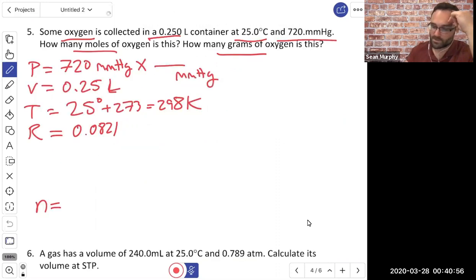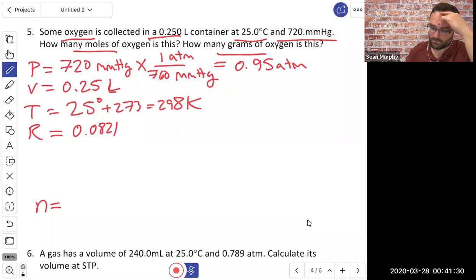So we're going to say 1 atmosphere on top, 760. Now we are not cross multiplying here, no equal sign. So if you go down, you're dividing. So let's do 720 divided by 760. And we get 0.95 atmospheres, pretty much almost 1 atmosphere.